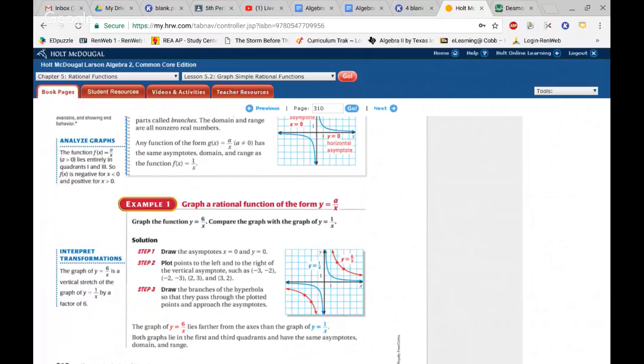They put in a -3, and what happens when you put in a -3 there? You would get a -2. And so they actually graphed points.